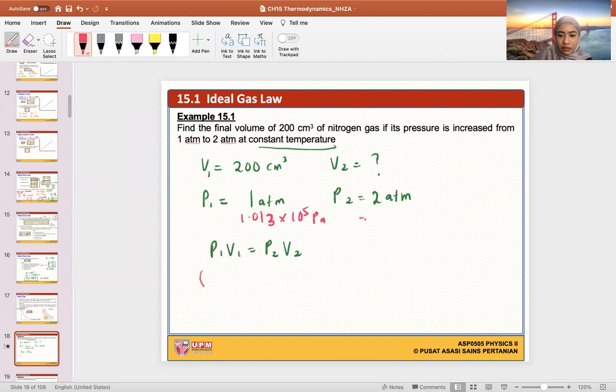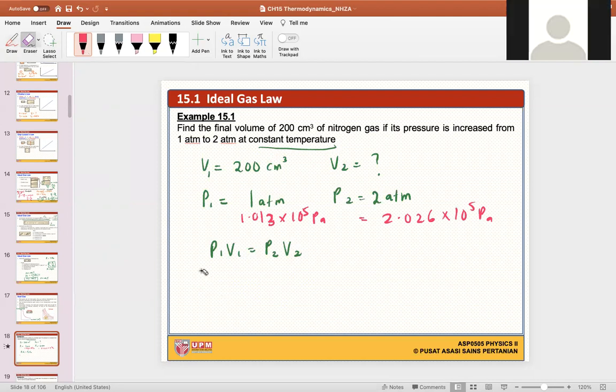And this guy is 2.026 times 10 to the 5 Pascal. Okay, so can we use volume in centimeter cube? No. Should we use in liters? Meter cube. In meter cube, yeah. Okay, so how do we convert centimeter cube to meter cube?